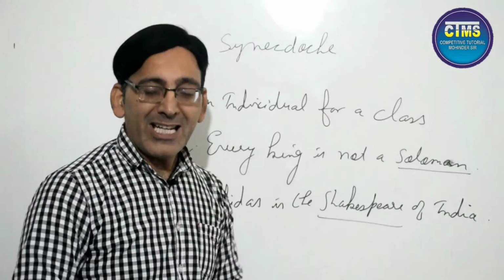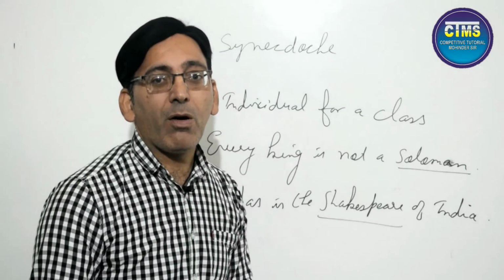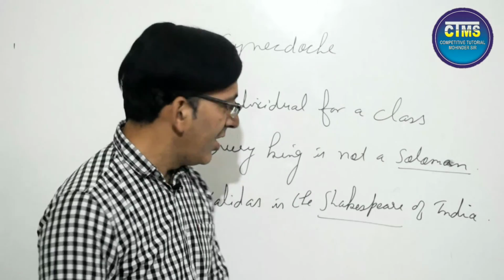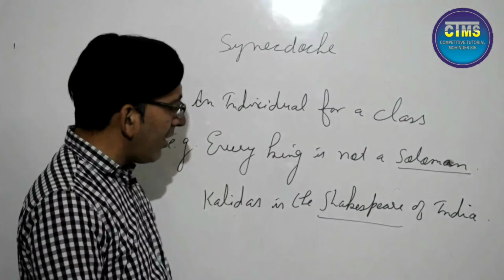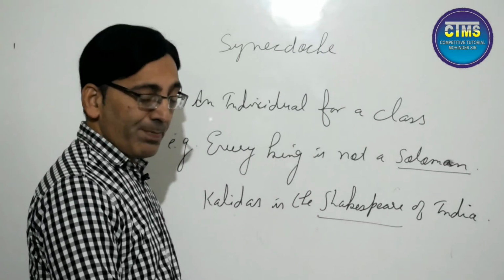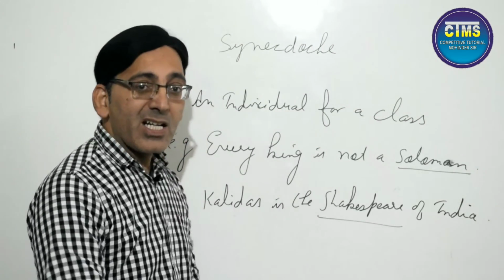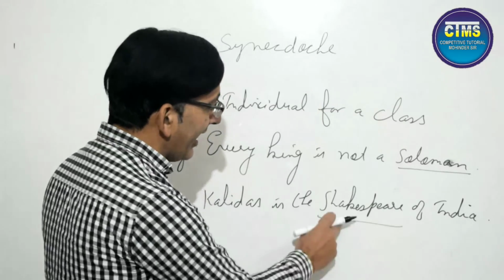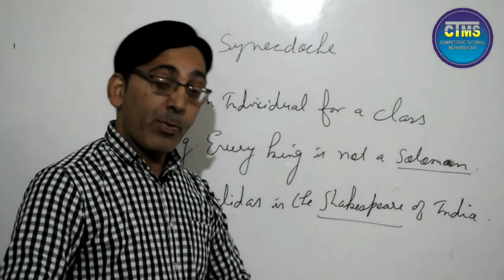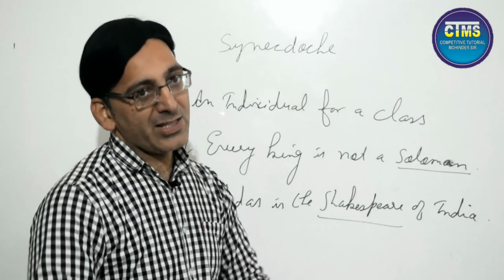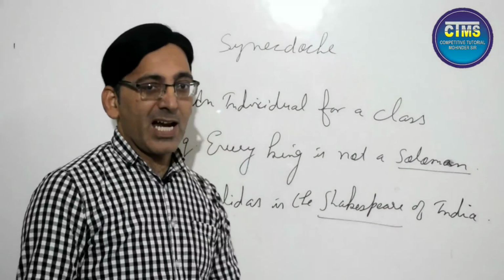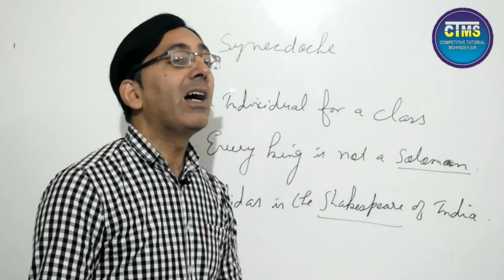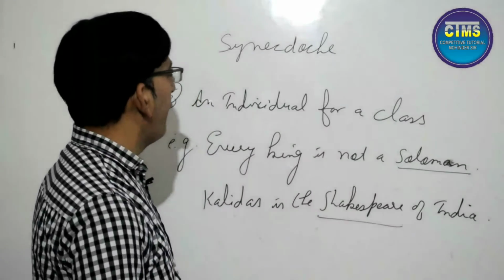Here Shakespeare stands for the greatest dramatist. We want to say that Kalidas is the greatest dramatist of India. So here the individual word, proper noun, is used as a common noun, as Solomon stands for a wise man and Shakespeare stands for what? A greatest dramatist. So this is the fifth variety.